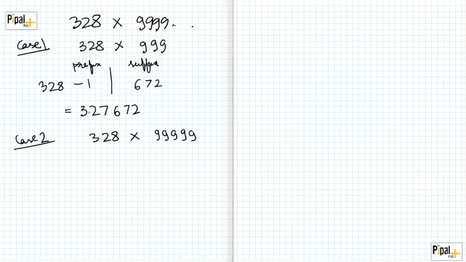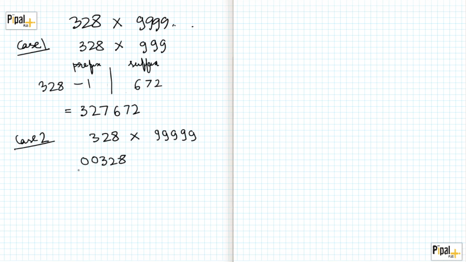In this case, again I will do the same method. The only difference is that this time I'm going to do it with 00328. Notice that I've added 2 zeros to make the number of digits equal.